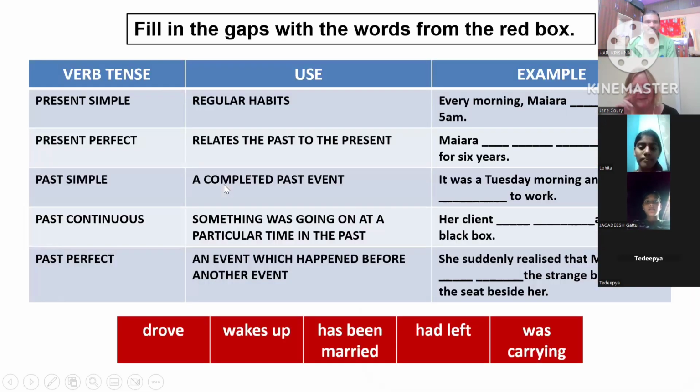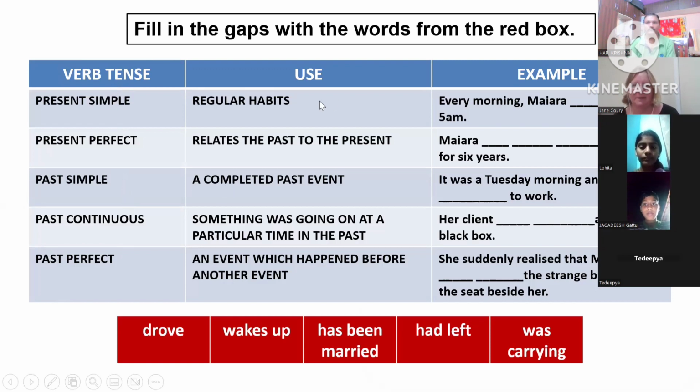Okay, so let's have a look at some parts of this story, using the verb tenses. All right, so here we have a table and we have the verb tenses: present simple, present perfect, past simple, past continuous, and past perfect. Don't worry if you don't know these names, okay?